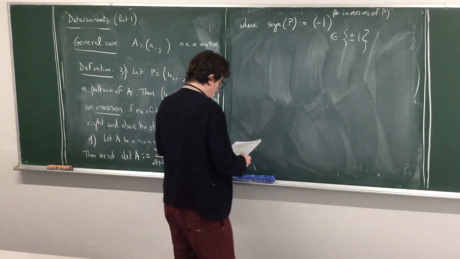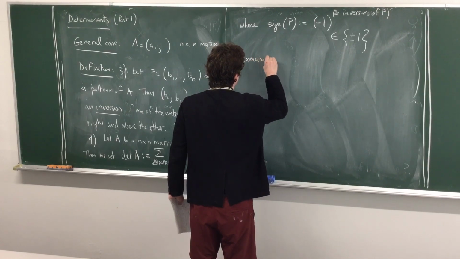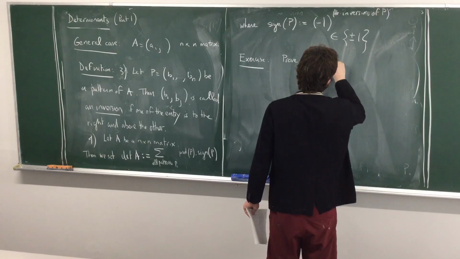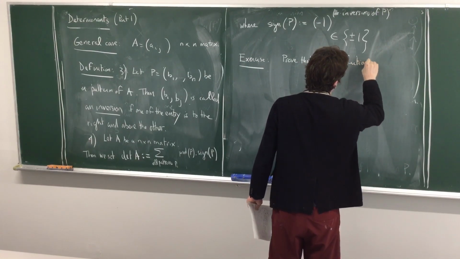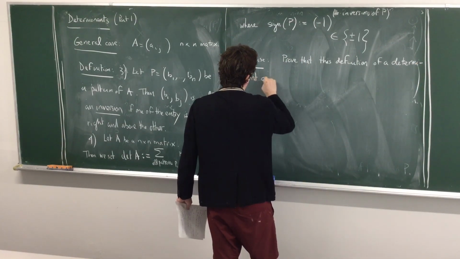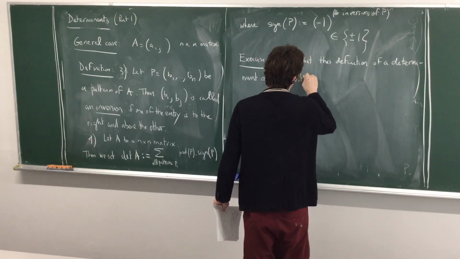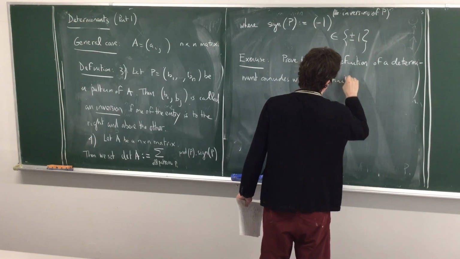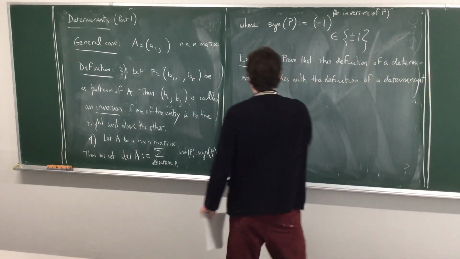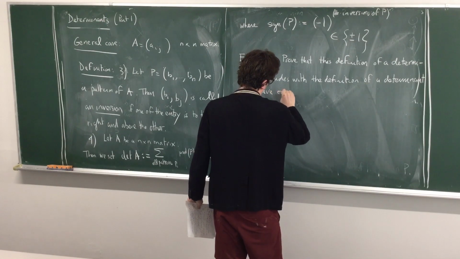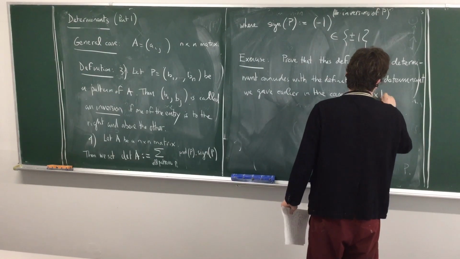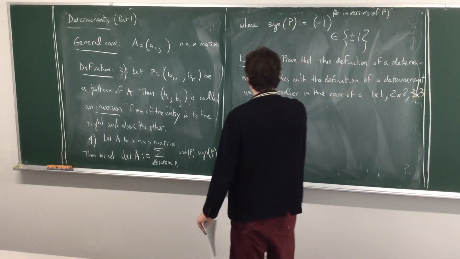Okay. Now a very good exercise. Prove that this definition of a determinant coincides with the definition of a determinant we gave earlier in the case of a 1 times 1, 2 by 2, and 3 by 3 matrix.